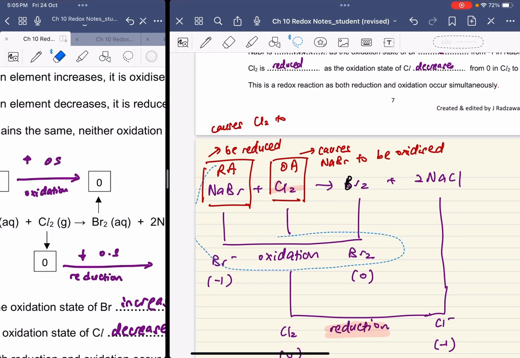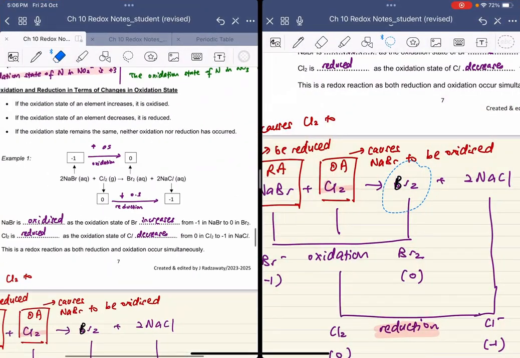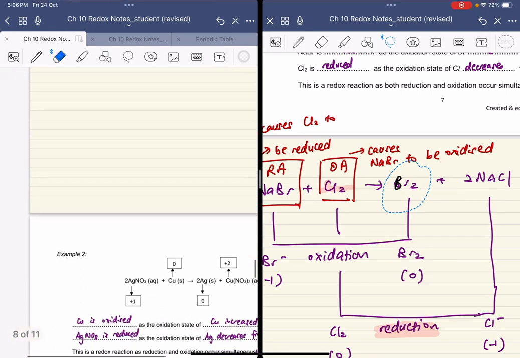Sodium bromide is oxidized. So it is a reducing agent because it reduces chlorine to chloride. Chlorine is an oxidizing agent because it causes sodium bromide to be oxidized. I hope this clarifies. I'm going to give you another example here.